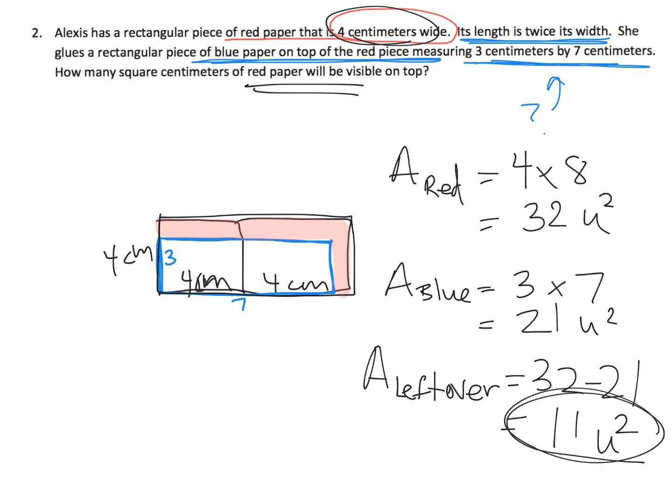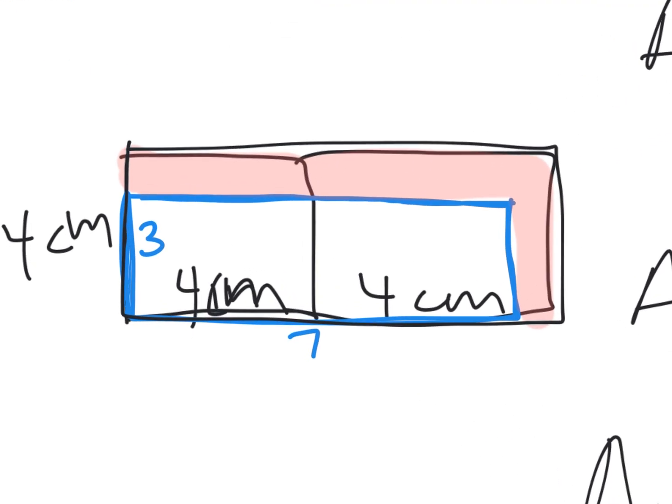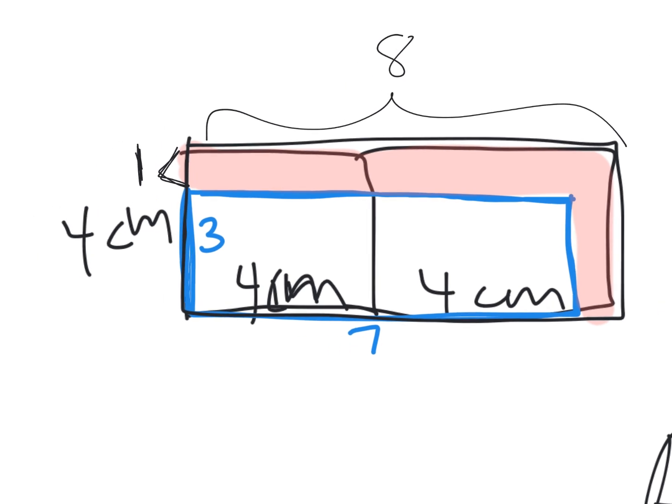Now another way we could get the answer is we could say, well, I'm going to zoom in here. What's the distance from here to here? It's 8. Now what's the distance from here to here? It's 1, because it used to be 4, but then we took away 3, so there's 1 left over, so it's 1 by 8.